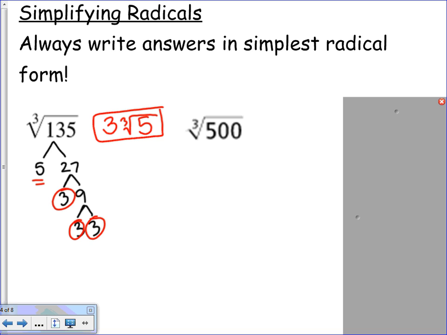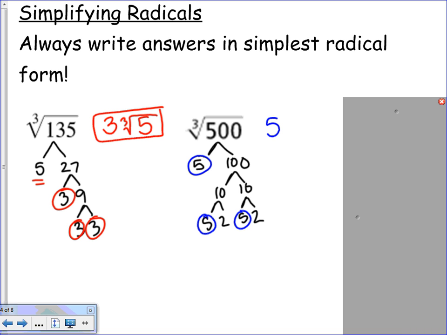Okay, so as I walk around, I see a lot of factor trees that started with 5 and 100, and then they went 10 times 10, and 5 times 2, and 5 times 2. And at the end of that, we're looking for groups of 3, and it appears that 5 repeats 3 times, so we can take a 5 outside of the cube root.